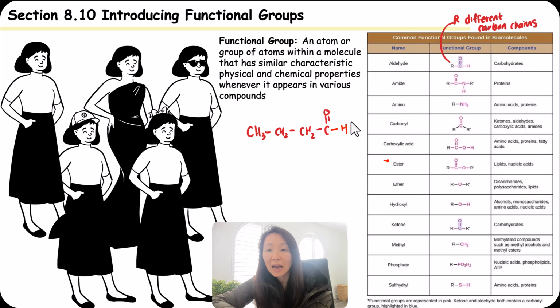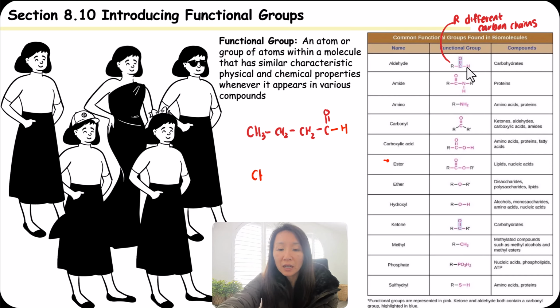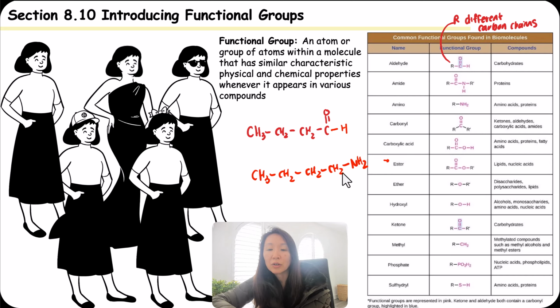Now it has an aldehyde, the C double bonded O H. For a different occasion, this butane decides to wear an amino group, NH2, right? They wore an NH2. But there are still four carbons here. Whether you have an aldehyde functional group or an amino functional group, they're going to have a different function. They have different physical and chemical properties when they change this outfit.